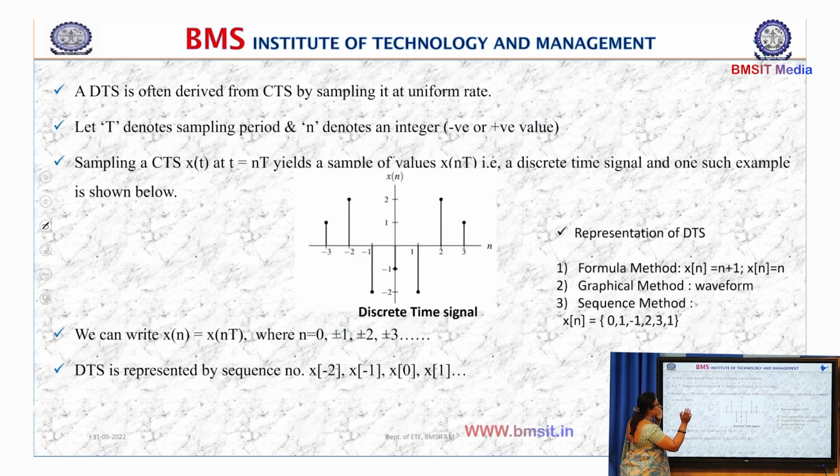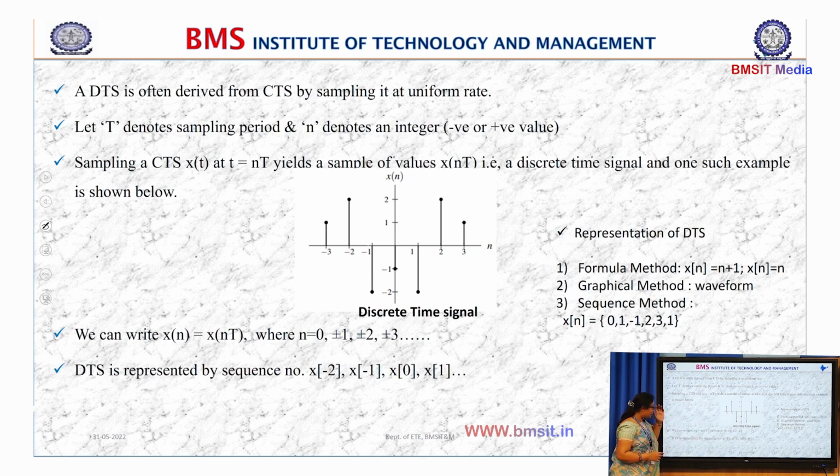Similarly, your discrete time sequence is of the form x of n, and the time is represented with respect to n. At n is equal to -3, I have a signal of amplitude -1. This amplitude is called x of -3, and this is x of -2, x of -1, x of 0, x of 1, x of 2, x of 3.